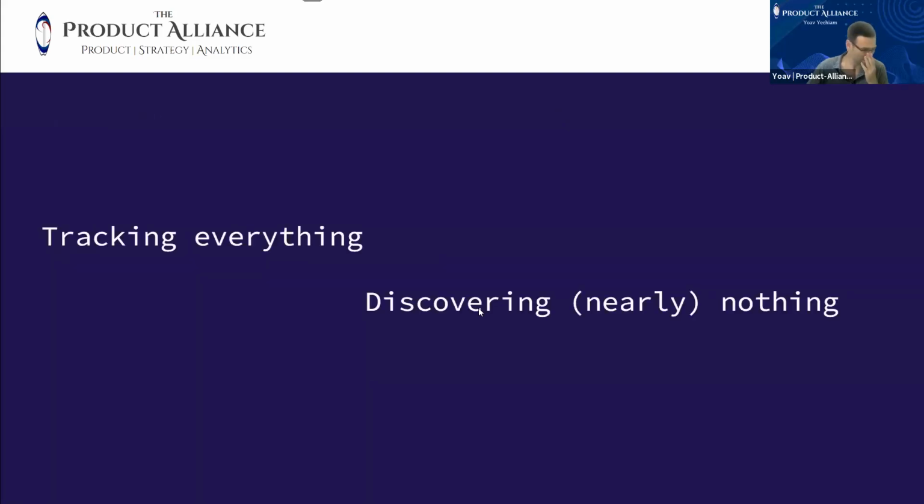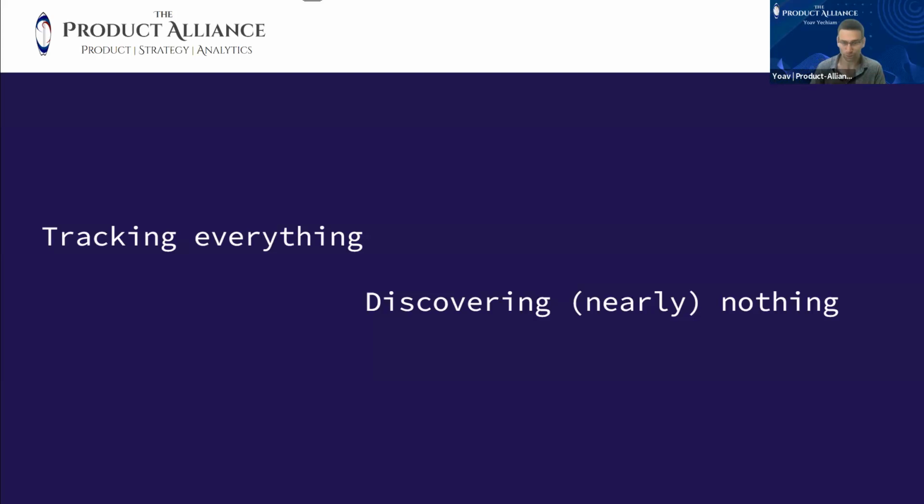Okay, and you know what? I'll start. The first topic is something that we see quite a lot, and we call it tracking everything and eventually discovering nearly nothing. This is actually logical. I don't know if you would agree with me, Glenn, but we see people thinking logically. Again, we're talking to analysts, product managers.